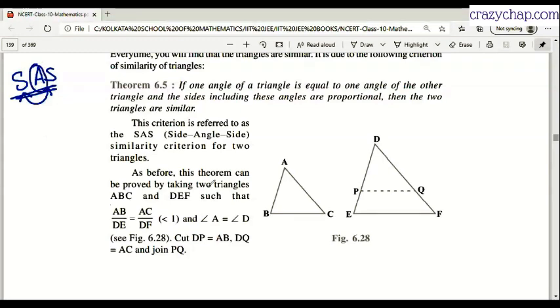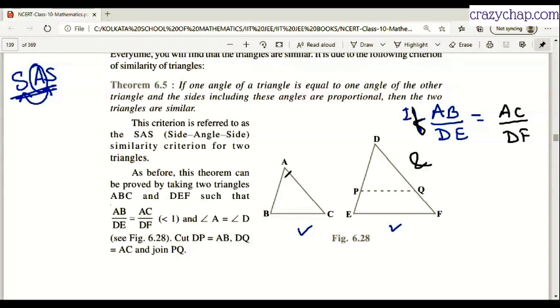For example, let's say in triangle ABC and triangle DEF, if side AB and DE side ratio is equal to side AC and DF, and also angle A, the in-between angle, is equal.